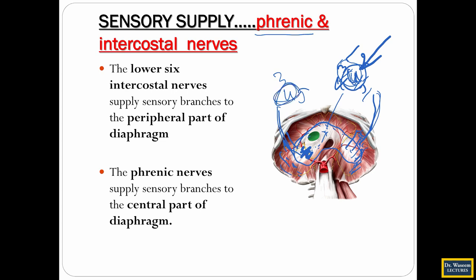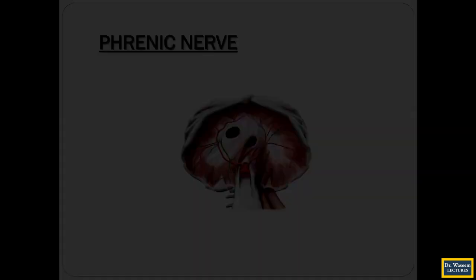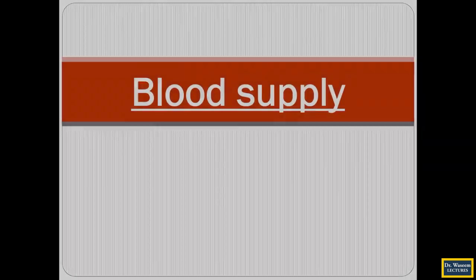That is why the brain gives you pain in the skin area supplied by nerves which have the root value 4 also, that is, the supraclavicular nerves, which have some fibers over the front of the chest up to the sternal angle and some over the shoulder. That is why referred pain will be in the shoulder and also some in the front of the chest. So the sensory nerve supply is by the phrenic nerve and intercostal nerves.